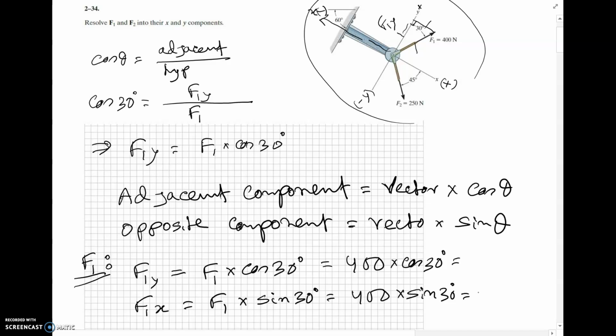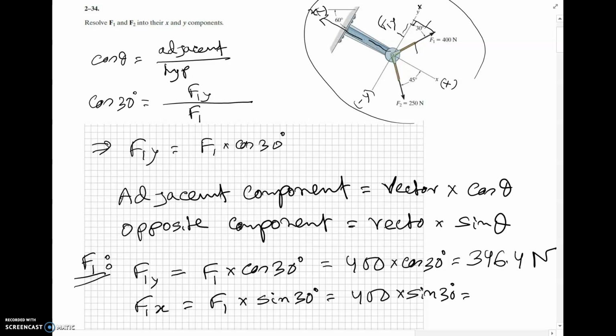Now if we use our calculator, 400 into cos 30 degrees is equal to 346.4 Newton, because the unit for F1 was Newton.